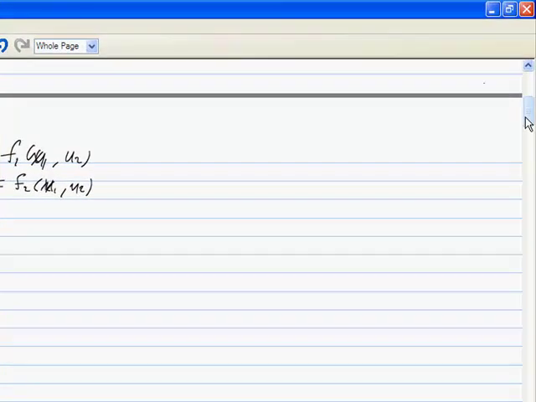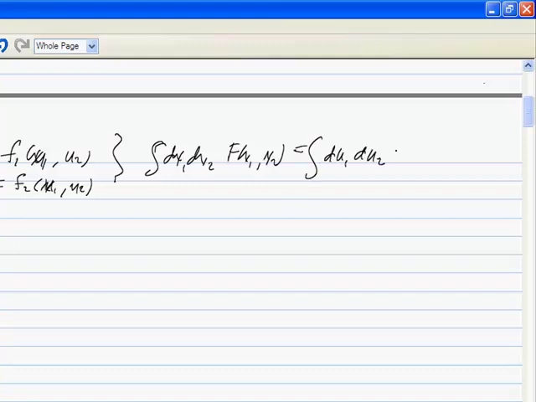And we know when we change those variables, if we have any integral dx1, dx2, f of x1, x2, that turns into the integral du1, du2, f of f1 and f2 of those guys times the Jacobian, and the Jacobian is the determinant of the partial of f_i with respect to u_j. So there's our determinant. It's a change of variables.